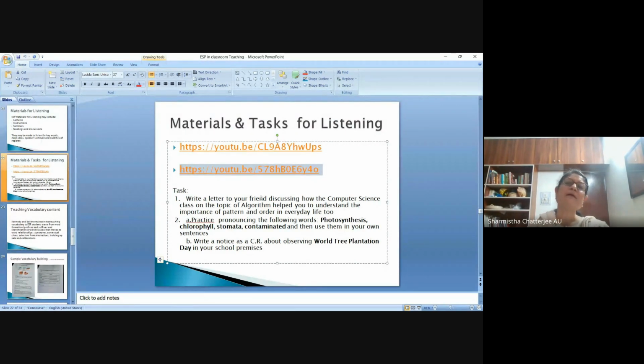You must have observed that while the video and the audio was preparing them for the basics of algorithm, it was also featuring how sequencing is important in everyday life. Like the last slide was, if you remember, on brushing the teeth, how it goes in steps. So if you try to develop the language as a last question, the importance of pattern and order in everyday life, right?